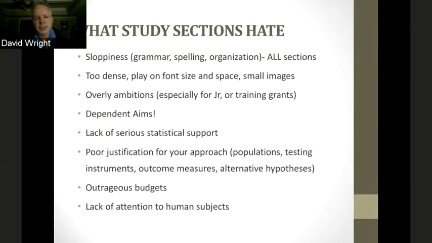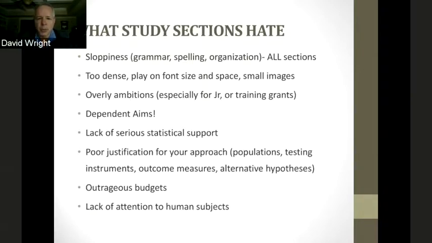Another one is that it's too dense, that you are pushing the limits of what is allowed, like font sizes going all the way out to the edges of the paper, not having any spaces, no graphical images or anything like that. It may be a great grant, and I've seen some fantastic grants like this that got really good scores, but it makes it really hard on the reviewers.